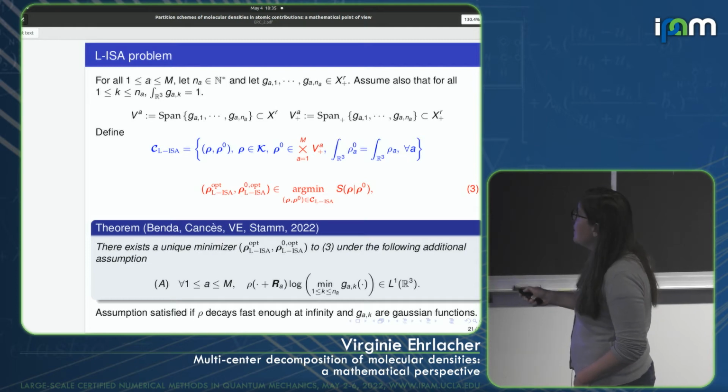Okay? Which still satisfies the charge constraint, okay? Then the integral of rho A0 has to be equal to the integral of rho A.